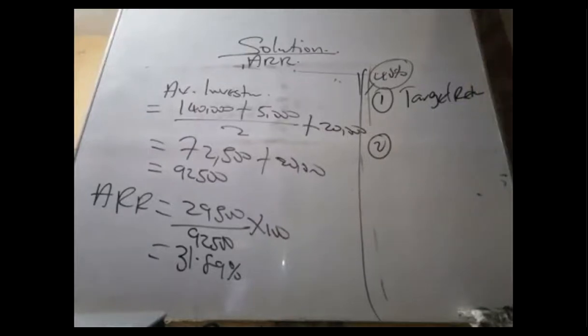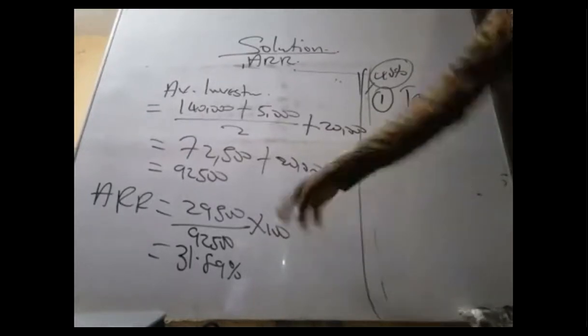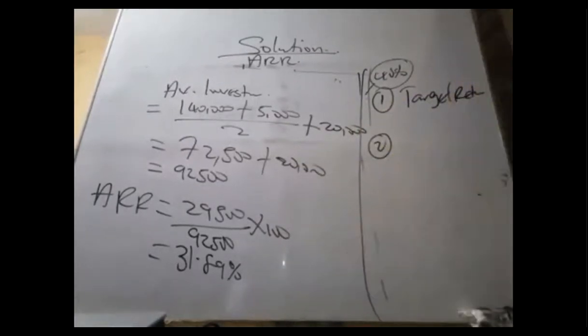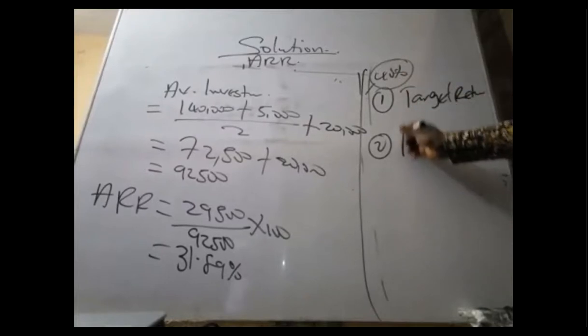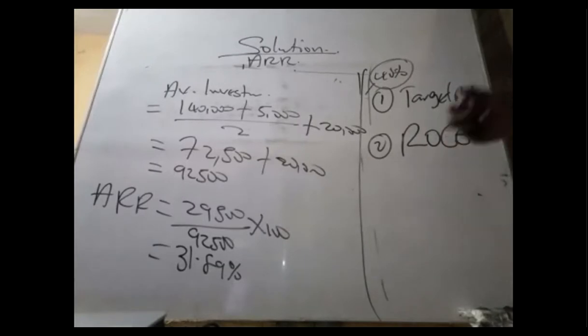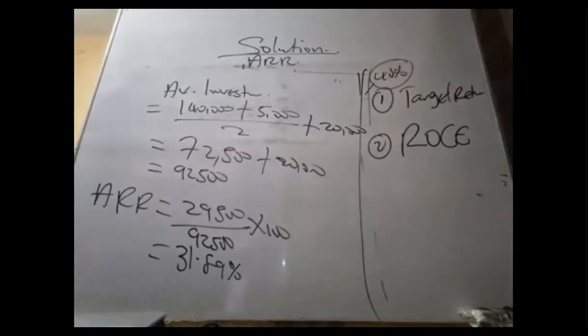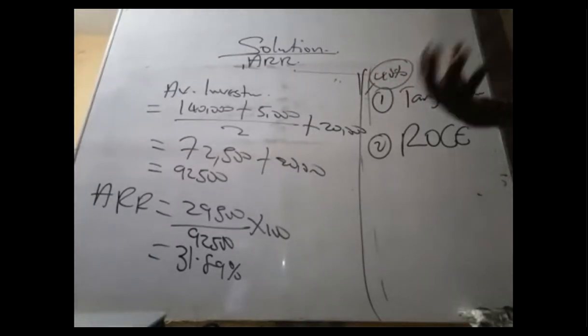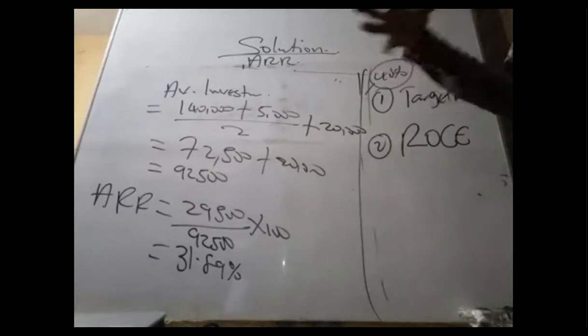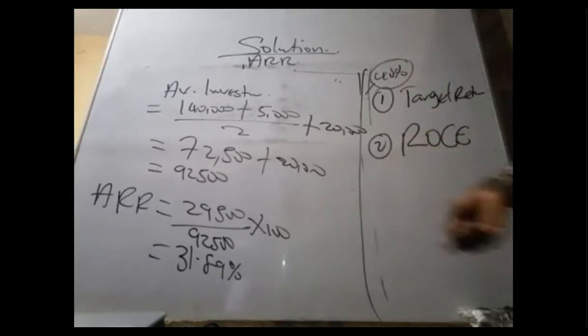No. I'll go in if this accounting rate of return is higher than the target return or the expected return. Or number two, if it's higher than the ROCE, return on capital employed. The capital that you've employed, what is the return on it? The ROCE.